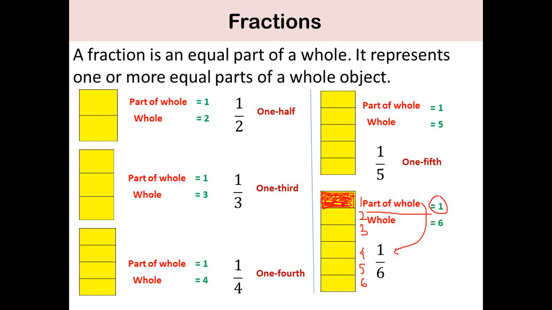Only 1. So, instead of part of whole, I will write 1. And instead of whole, I will write 6, because the whole chocolate has been divided into 6 equal parts.